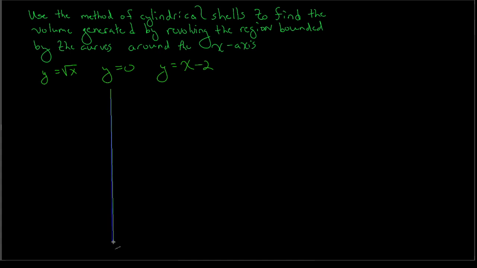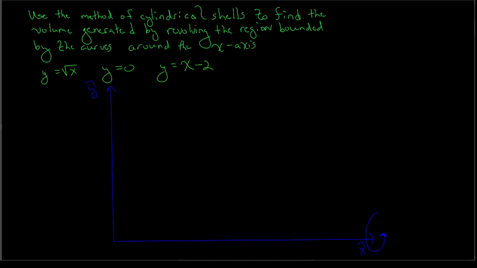So I'll need an axis. This will be my y-axis. This will be my x-axis. And I am going to be rotating about the x-axis here. So I'm going to want to graph these functions and look at points of intersection.